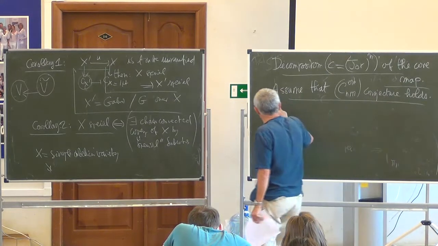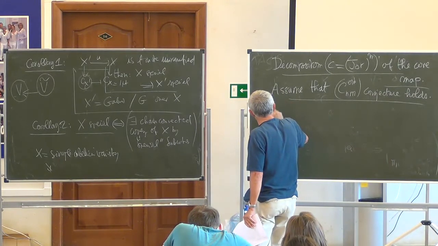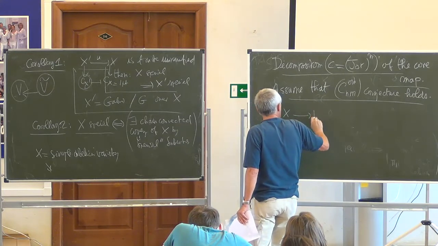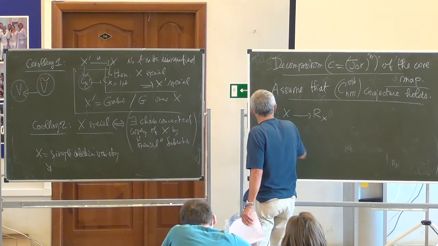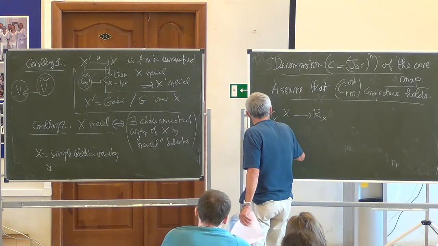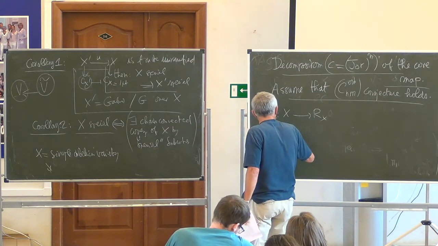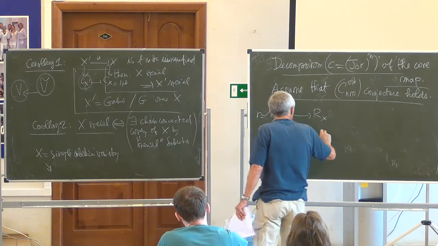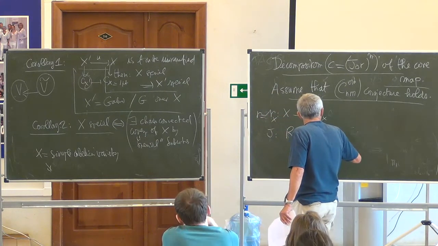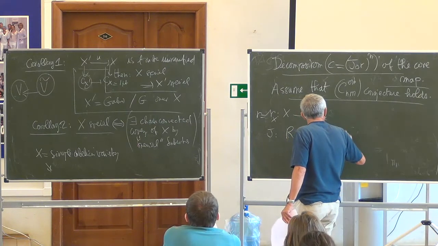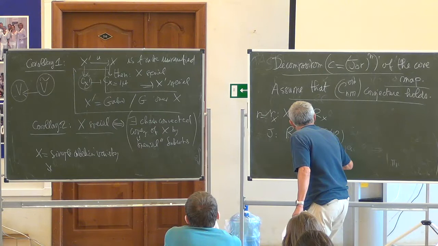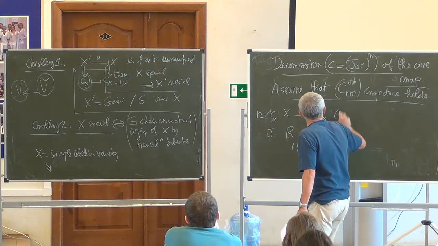Then what we saw is that we had two maps: X to R_X, and also the map G, the Moishezon fibration, going from R to G of R, for example if kappa of R was greater than or equal to 0.